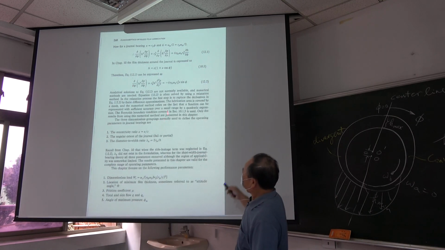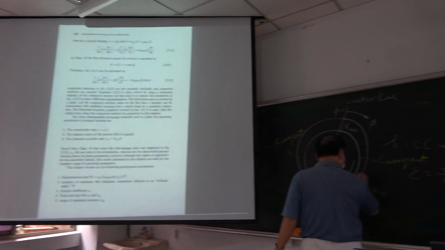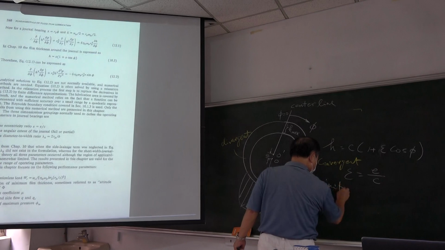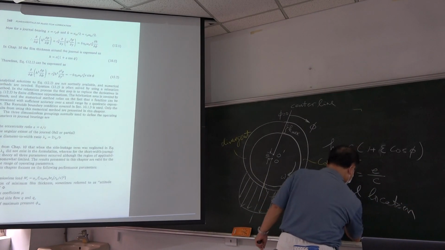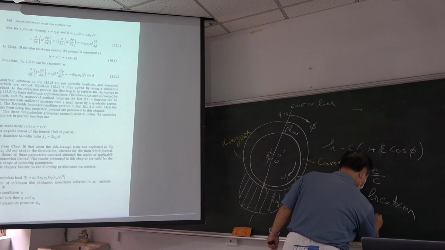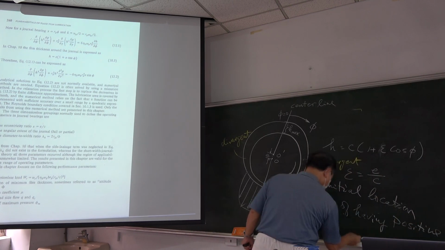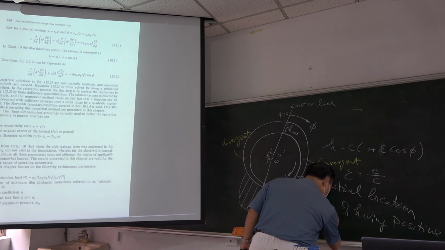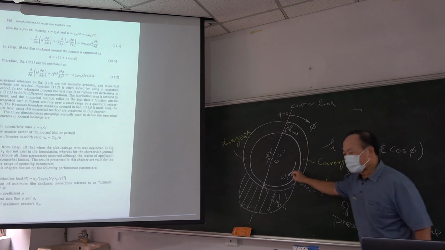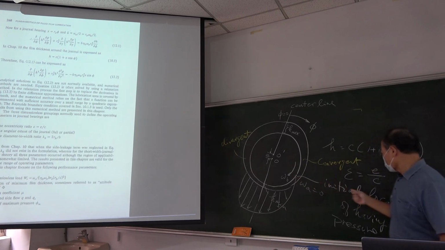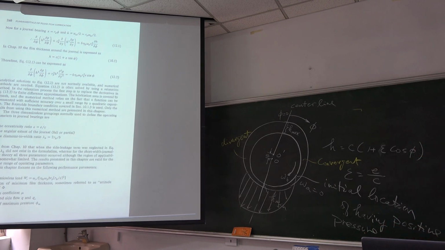Then here, this we call the initial point of the particle pressure. This point we call the initial position or initial location of our particle pressure.